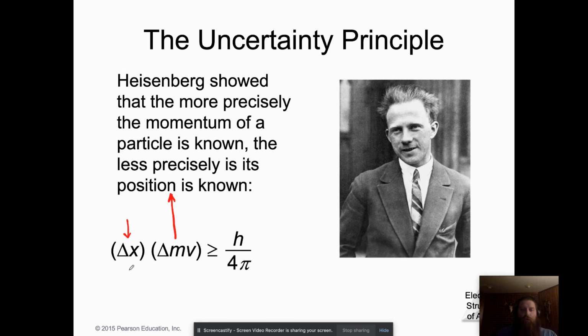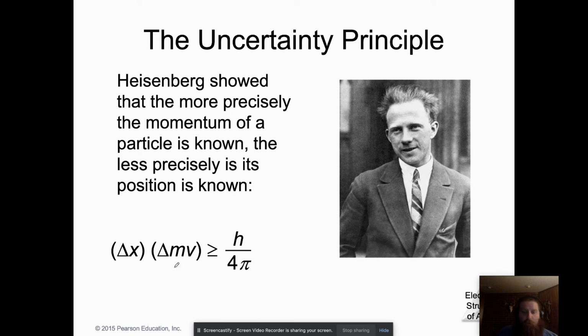So the more accurate I know the position, the smaller the change in position is. As the change in position gets smaller, I'm pinpointing where that electron is in space. The greater the change in the momentum must be in order to account for that decrease in delta x, because at all costs, the inequality must remain true.